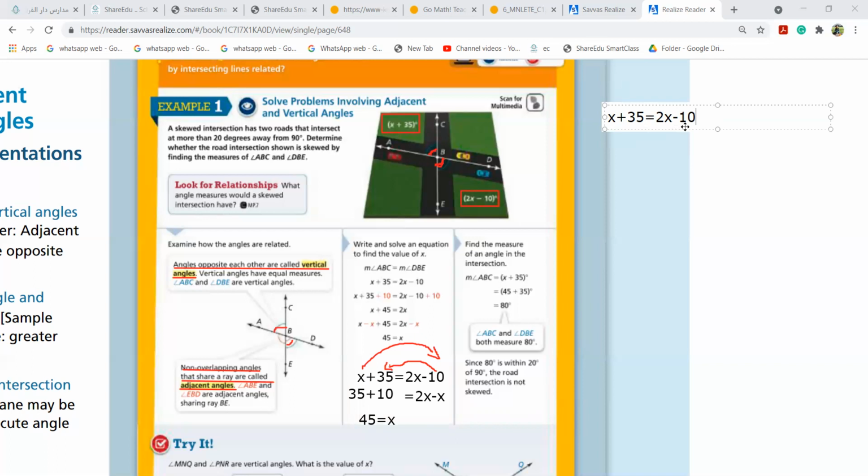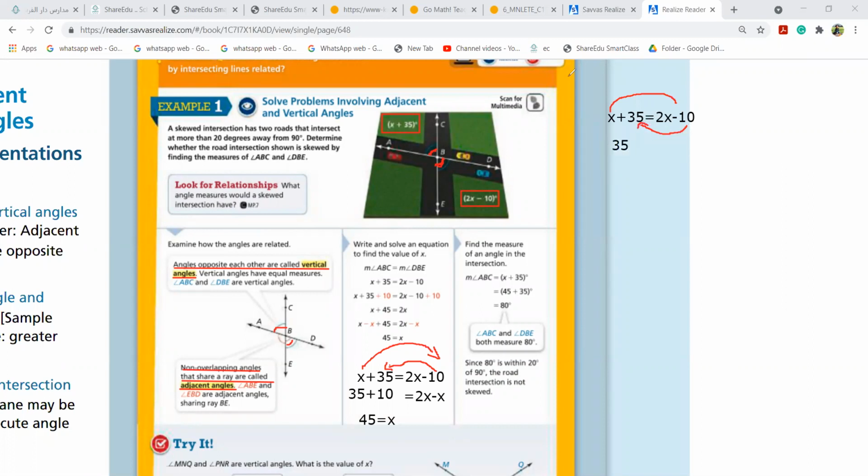Yes. Now, I want to make the like terms, family, together. If I want to make family together, I will bring the number to the number side and I will send the letter to the letter side. If I do that, 35 is here. I'm bringing this number, I'll put an arrow mark. I'm bringing 10 to this side.